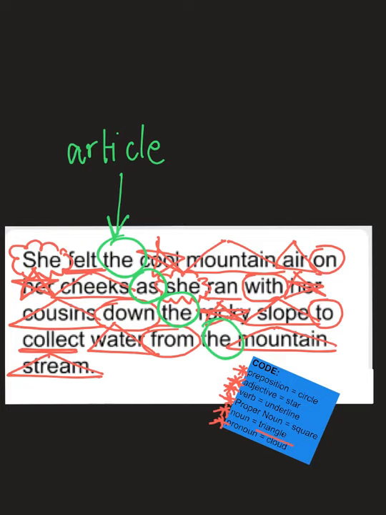Then we have as. You might know what type of word as is. It starts with C, and we often use it in our compound sentences. Yes, it is a conjunction that joins two simple sentences together to make a compound sentence.